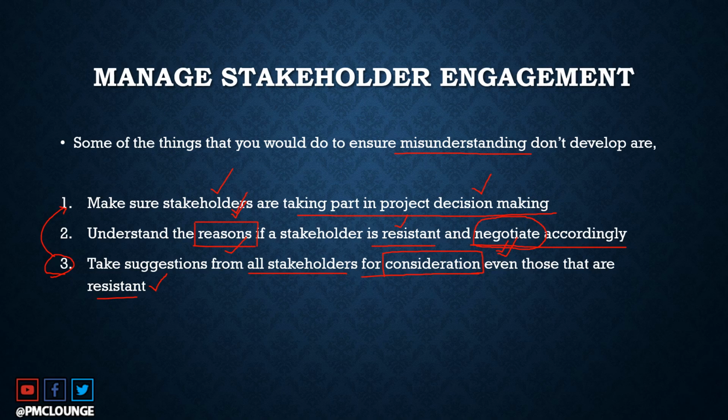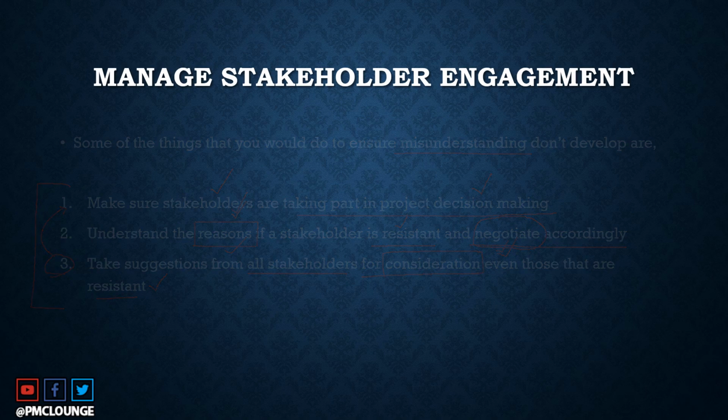They become more of a supportive stakeholder for you rather than being a resistant stakeholder. Anything is possible, right? So these are the three steps that you need to take to make sure that misunderstandings between you and the stakeholders do not develop.